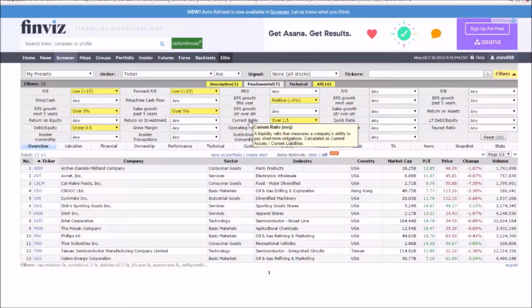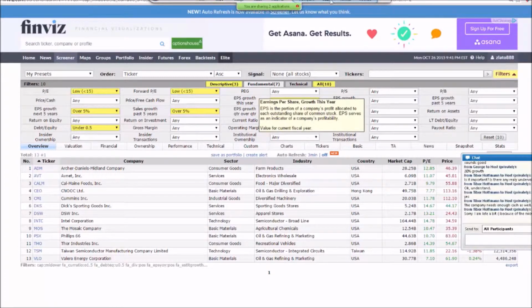For me, it's important that we look at debt to equity under 50%. If a company has 1.5 million in assets and 1 million in liabilities, and the current ratio is 1 or below, I would probably stay away from that company, because if they have any difficulties, they won't be able to pay that cash.